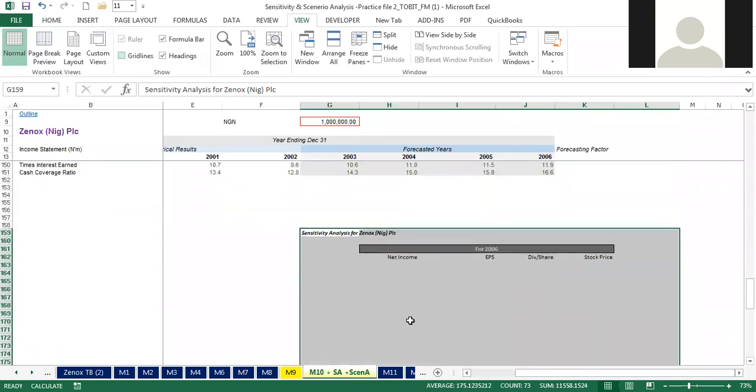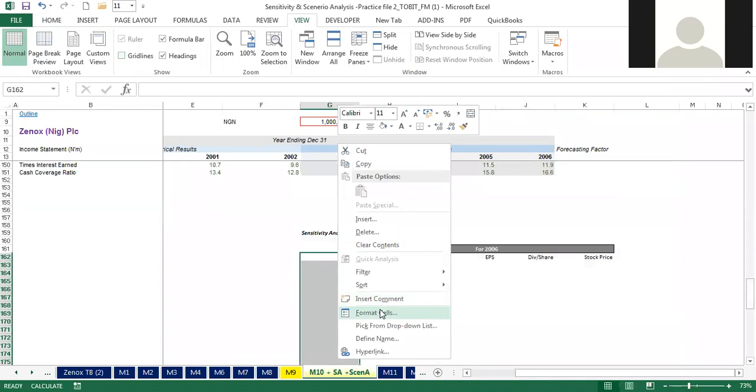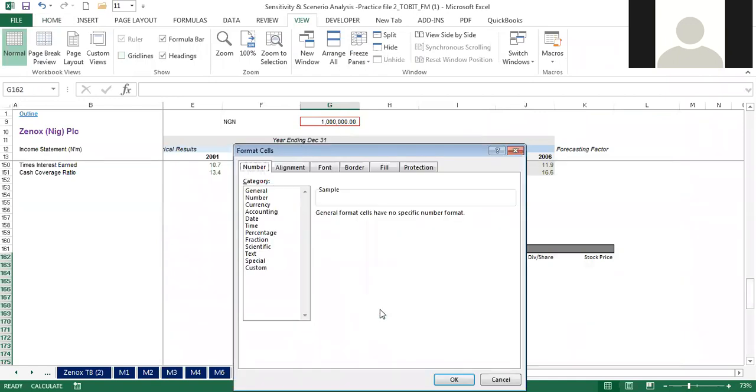Do you get it? Another thing you need to change from the default settings is, since you want all these to be in percentage, just format this to be in percentage. You can say 2 decimal places is fine.